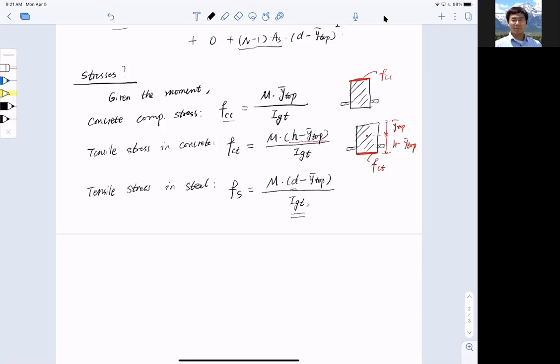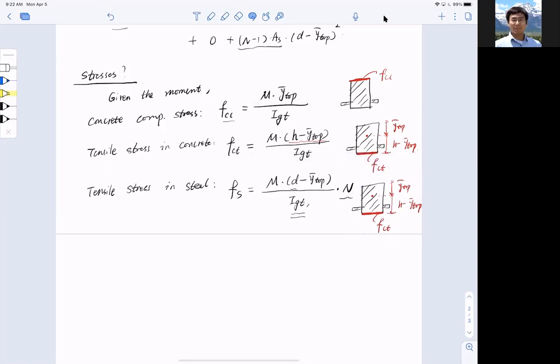So how do we transform it into the real stress in the steel? We have to multiply by the modulus ratio n back. If you forgot about this, you can go back and see it in mechanics of materials. That's how we compute the composite stress. Let me copy this section and put it right here.